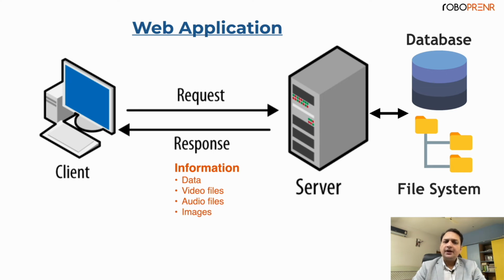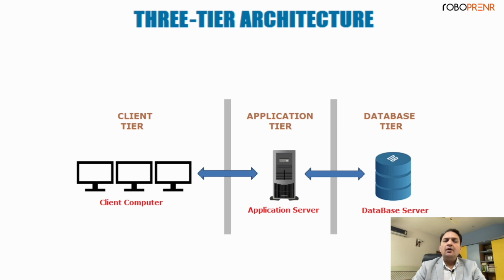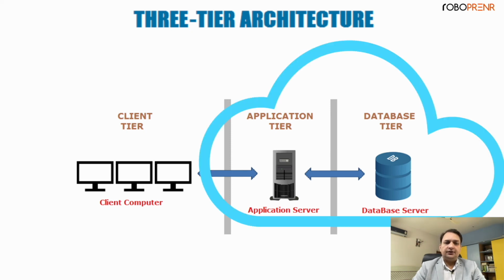You can host the application server and database on your local computer. But in a production scenario, we generally host our servers on remote machines like AWS or GCP. These remote machines are accessed over the internet and are known as cloud servers.